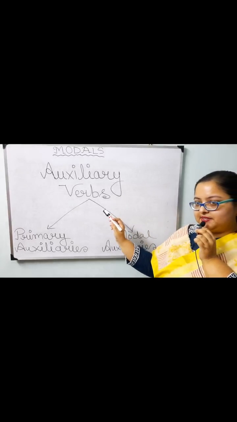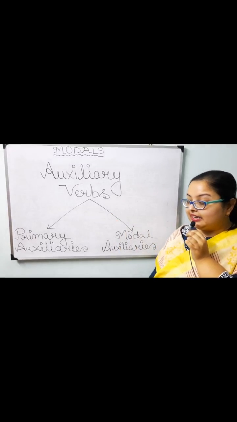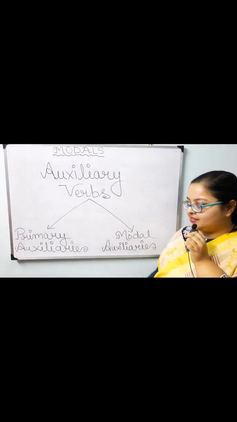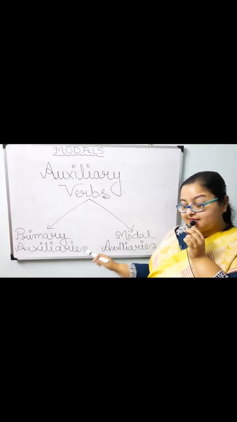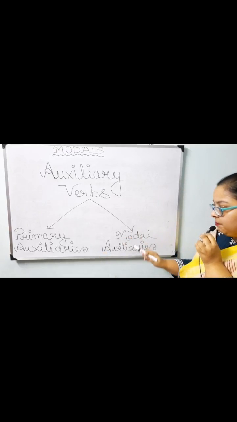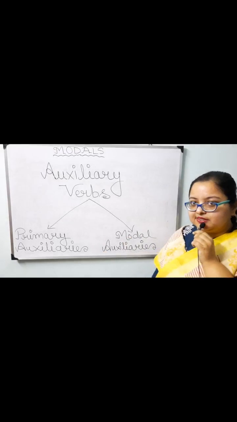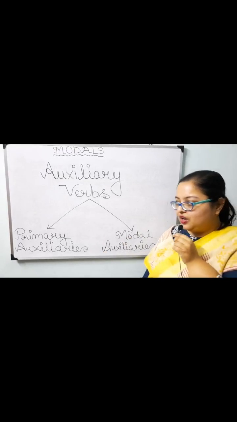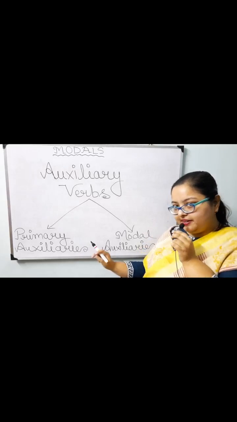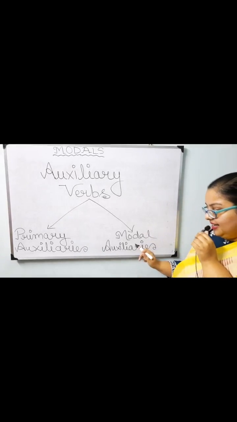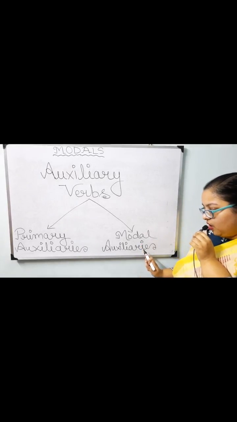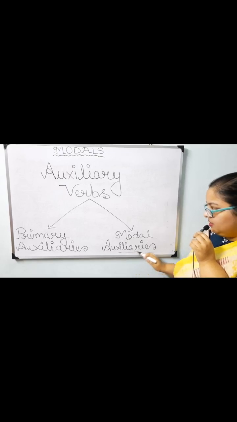Auxiliary verbs are divided into two kinds: primary auxiliaries and modal auxiliaries. Now students, we are not dealing with the primary auxiliary verbs. We are dealing with the modal auxiliaries, or modal auxiliary verbs.